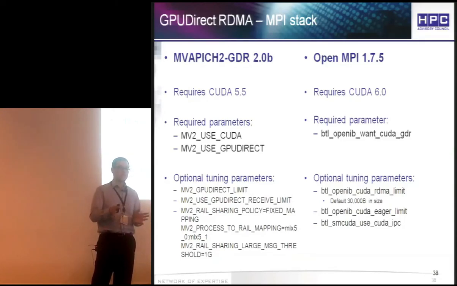So there's a limit, called the cutoff or threshold. When you're below that threshold, you'll use GPUDirect RDMA. When you're above that, it becomes an asynchronous send and receive through the rendezvous protocol. So there's a cutoff that you need to decide on if you want to tune for a different limit.